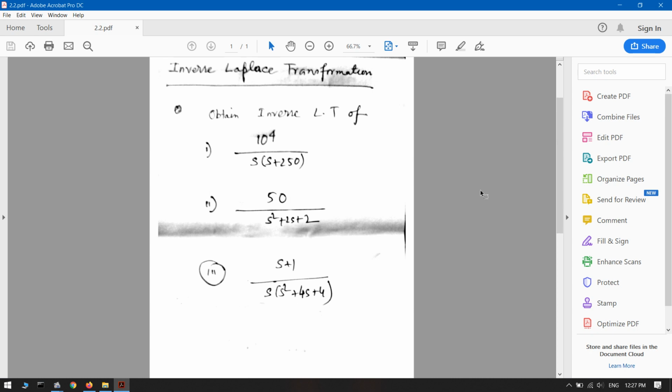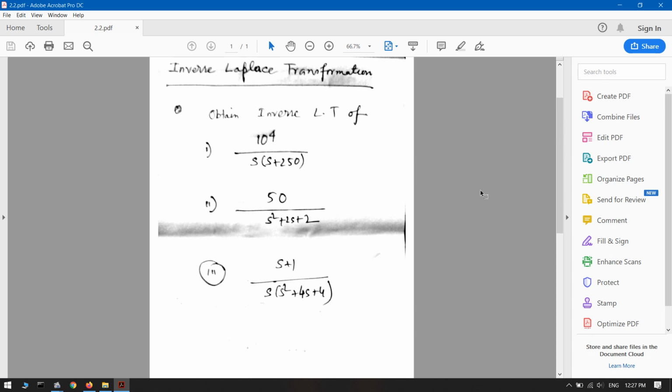Easily you can calculate. You multiply both sides by s plus 1 plus j. Then the left hand side will be 50 by s plus 1 minus j, and the right hand side will be a plus b by s plus 1 minus j into s plus 1 plus j.